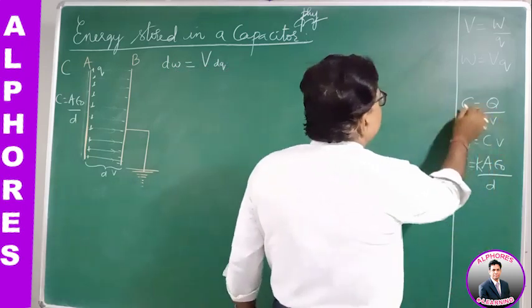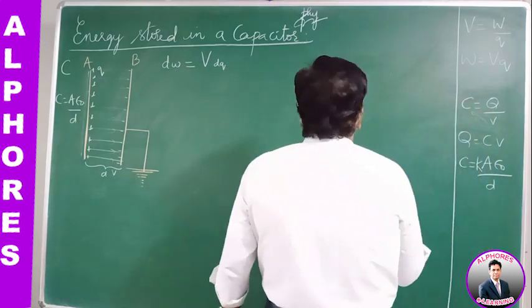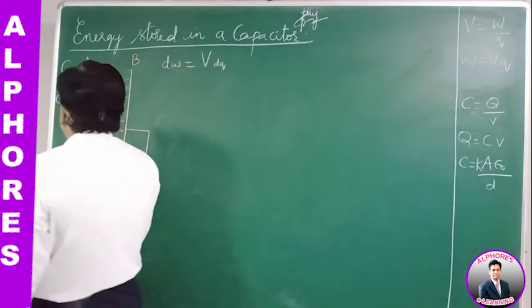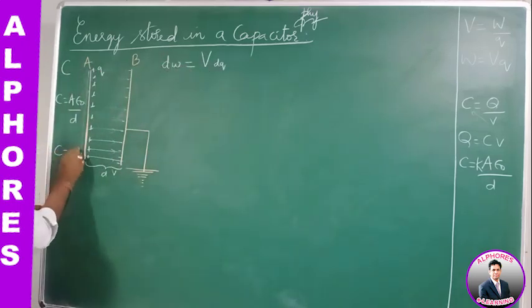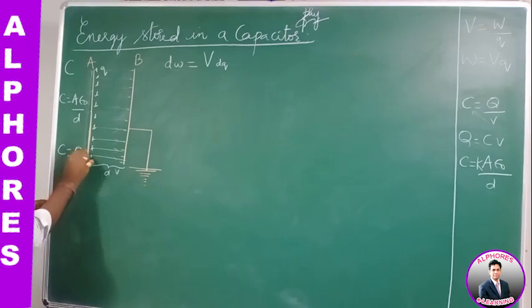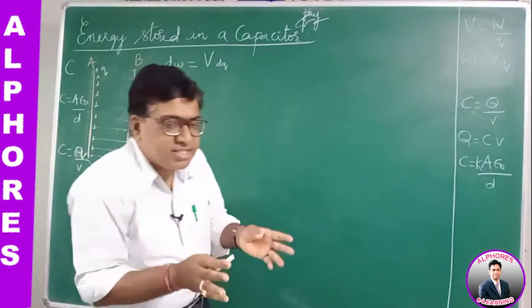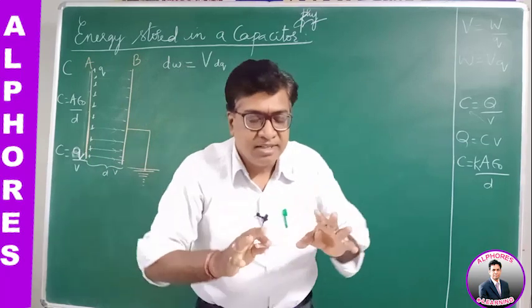Shall I cross multiply and write down from this? We know the capacity of a capacitor C is equal to Q by V, right? The capacity of a capacitor is a constant for a particular capacitor under fixed conditions.